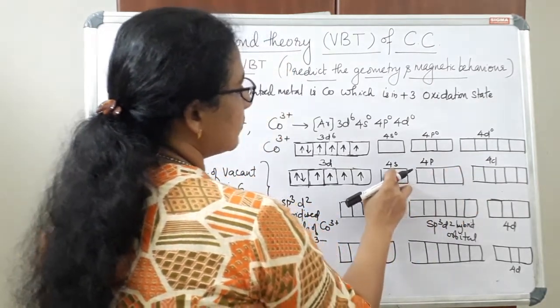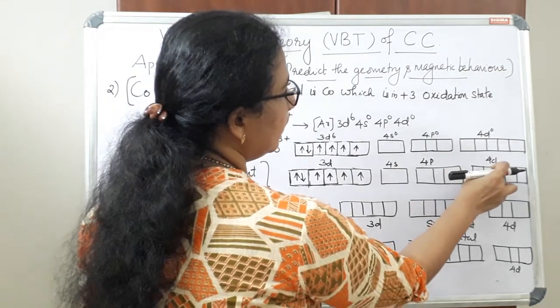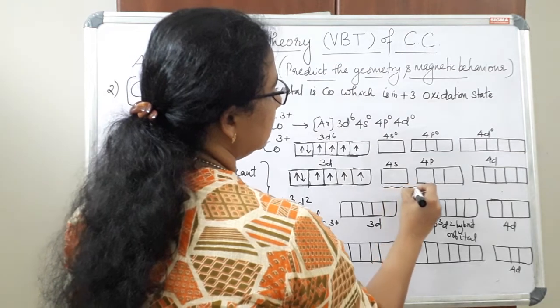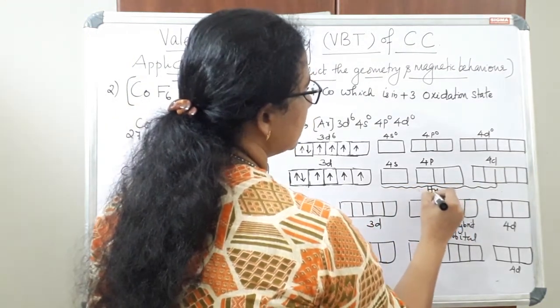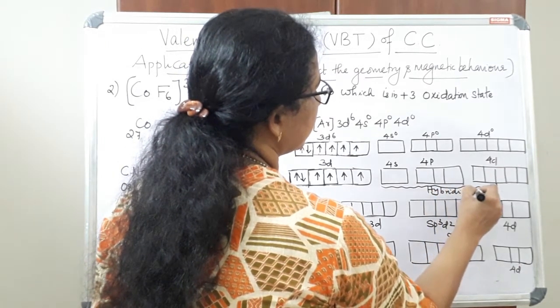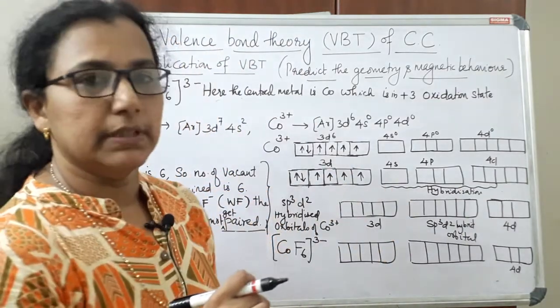So 1 s orbital, 3 p orbitals and 2 d orbitals are taken. That is, these 6 orbitals are hybridized together. So hybridization takes place in order to accommodate the electrons from the ligand.